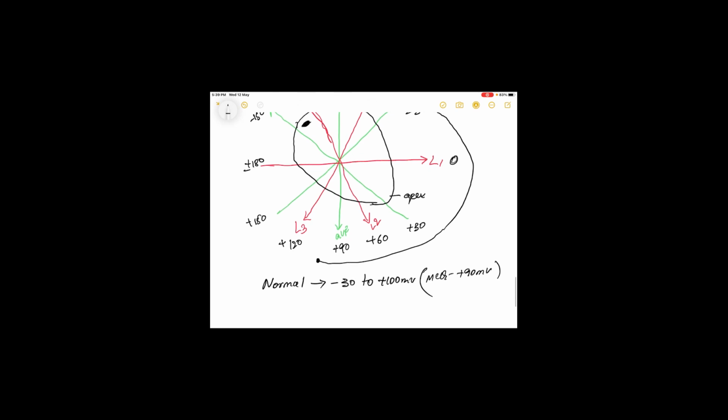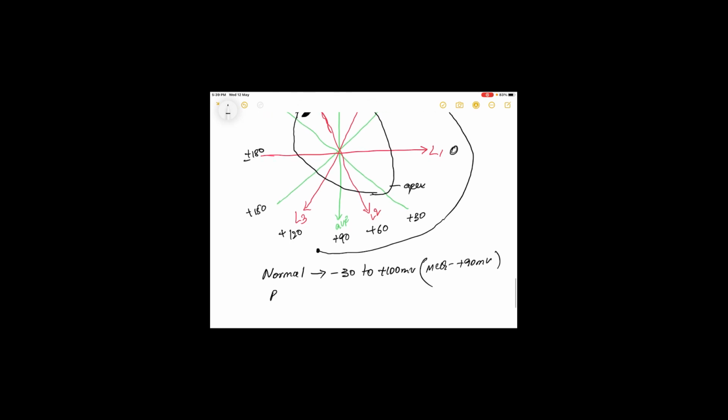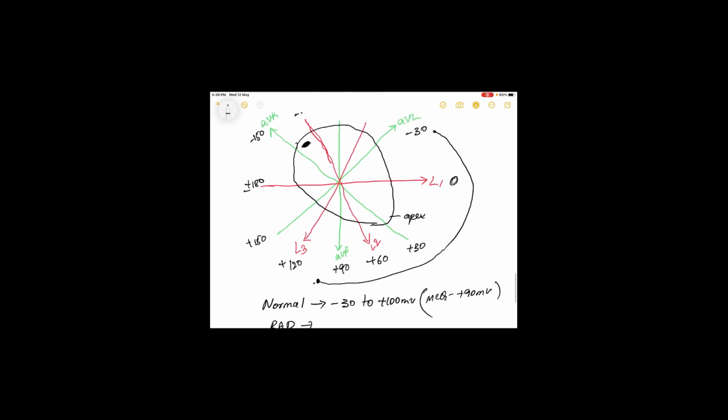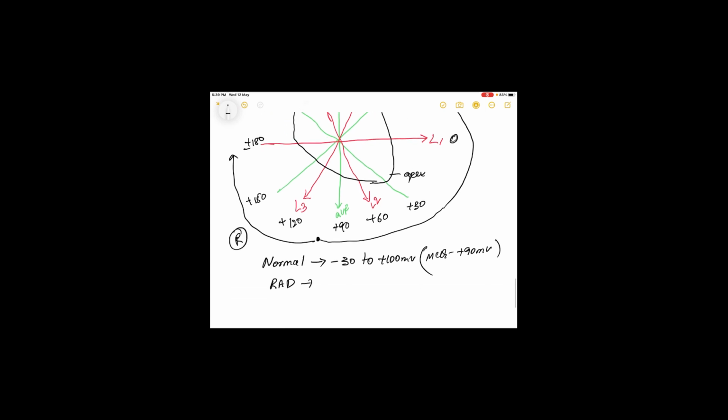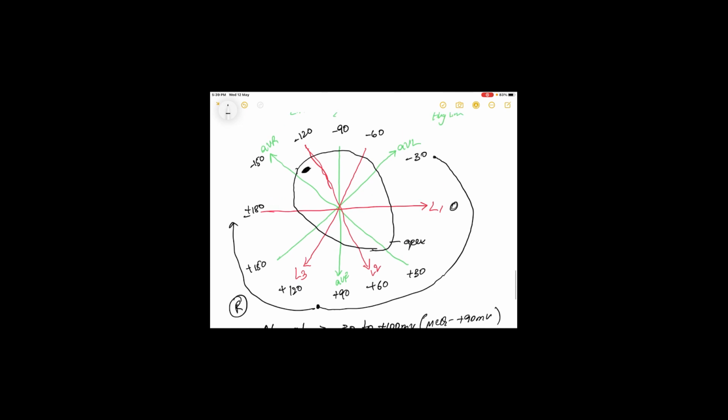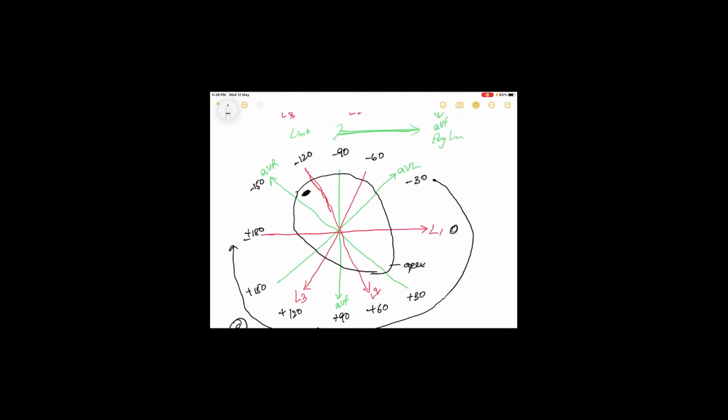Now coming to right axis deviation. Right axis deviation is from plus 100 till plus or minus 180. This will be right axis deviation, and minus 30 to minus 90 will be left axis deviation.